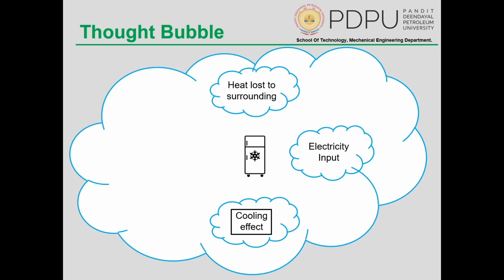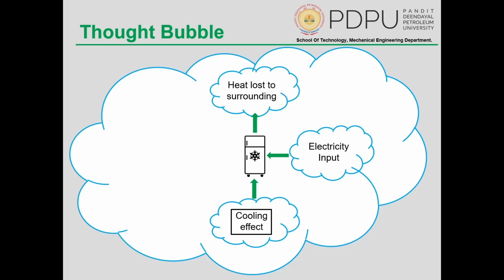The entire area of the refrigerator is the closed area into which the cooling is happening, and it is not happening to the entire room in which it is kept. So in order for it to cool, we have to take energy out of it, and that energy is released into the surrounding, and this is done with the help of electric input. So this was the thought bubble.